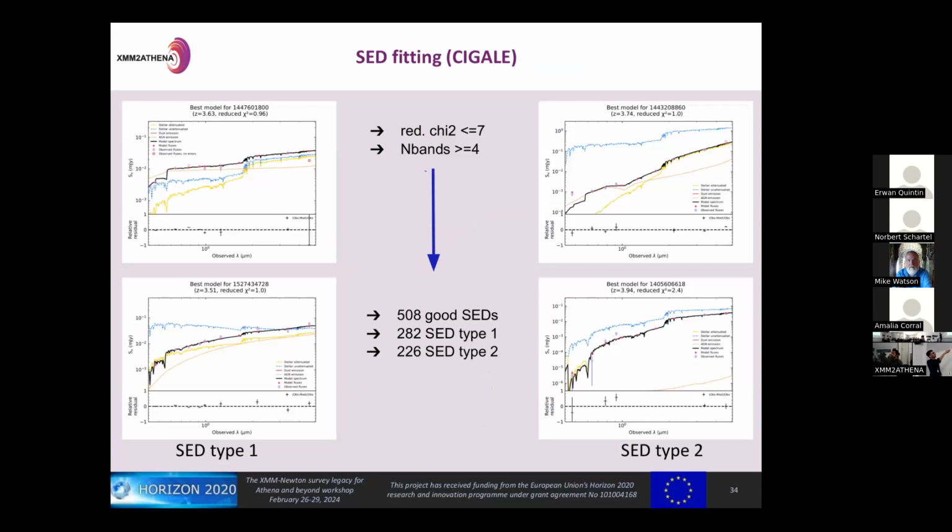And you can see the different components, the stellar, and here, for example, on the left, the AGN component dominates the total emission. And we found out if we put some reliability criteria on the SED fitting, we have around 500 sources with good SEDs, and half of the sources are type 1, and the other half are type 2, according to the SED fitting method.